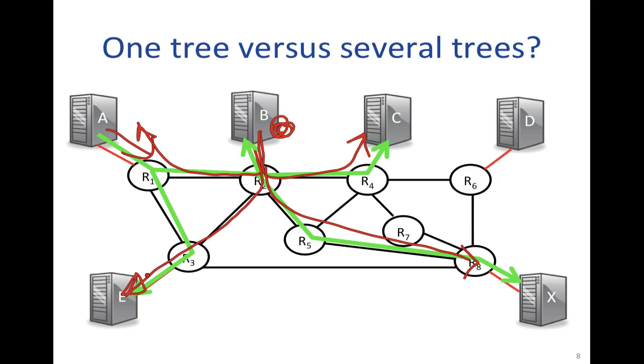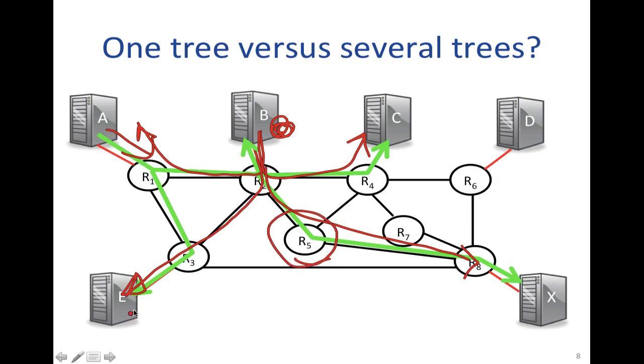But in communications where the multicast group of end hosts is very small, it might be easier, instead of building a whole load of trees, one for every source, to establish some rendezvous points. And we'll see an example of this later. So for example, we might elect R5 as a rendezvous through which all of the multicast packets are going to go.